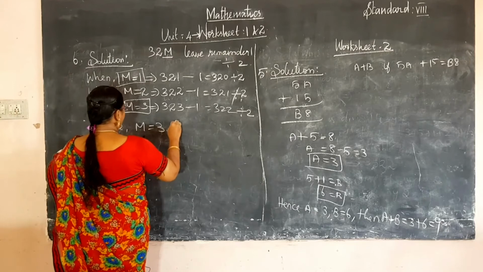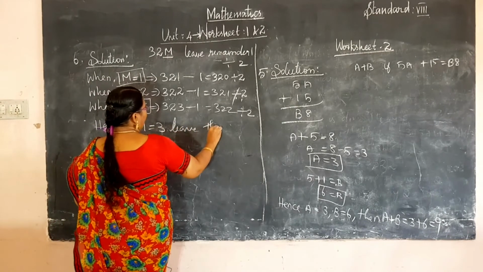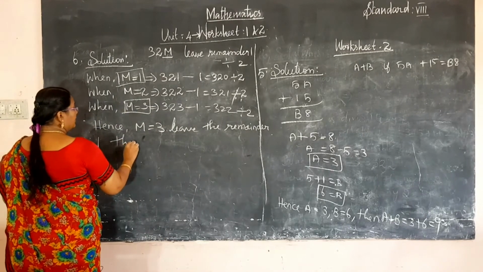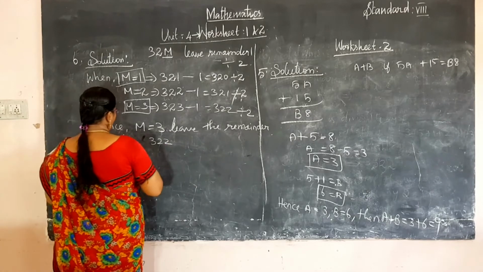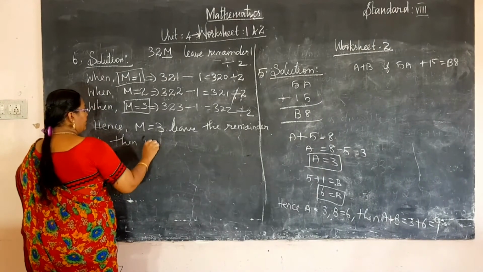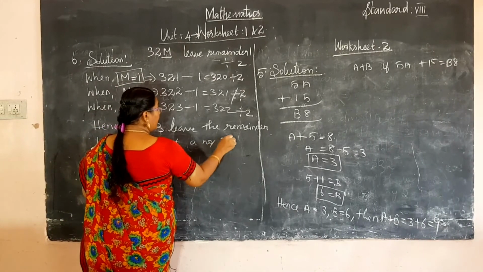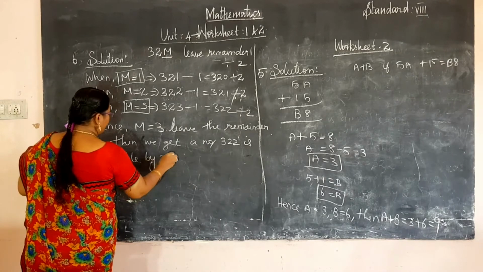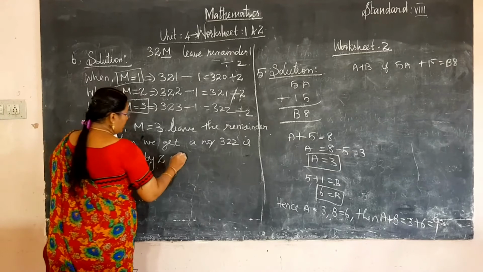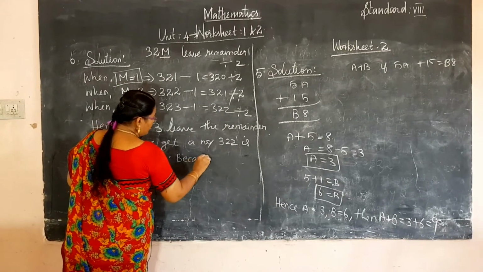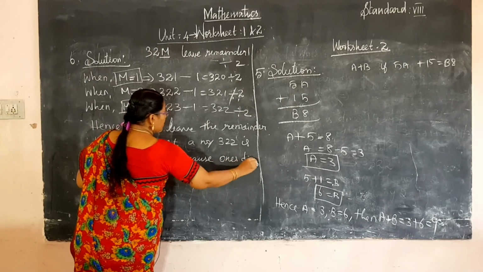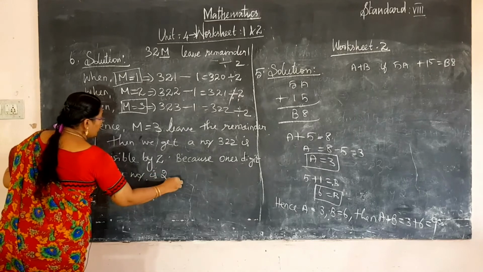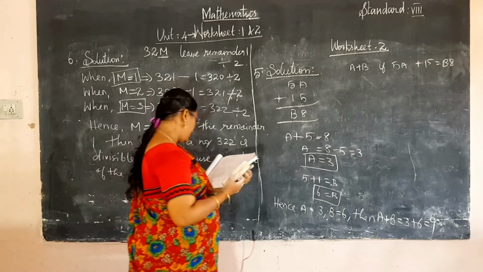So, leave the remainder 1, then 322, then we get the number 322 is divisible by 2, because ones digit of the number is 2. That's it.